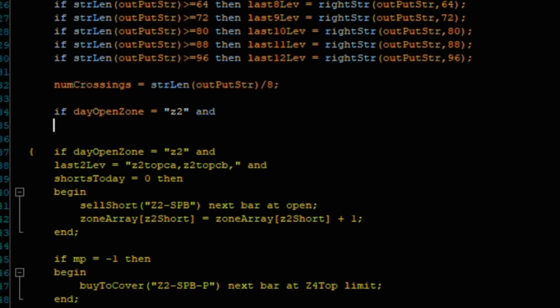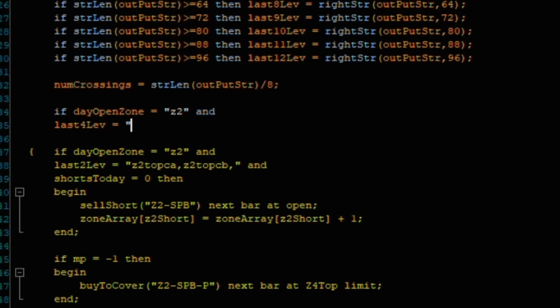I crossed into zone 1, crossed back into zone 2, crossed into zone 3, then crossed back into zone 2. So I want my last 4 lev, and that's just the variable name that I use. I want that to be equal to, and here is the nomenclature, the language that we need to use.